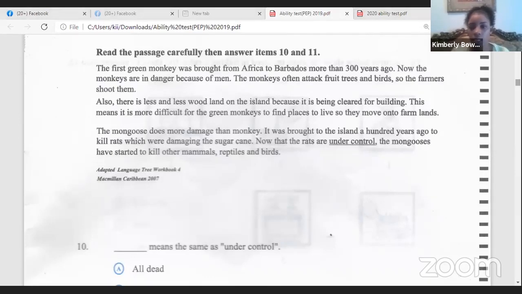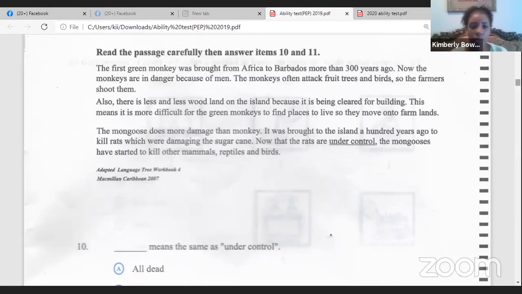So let's see what the questions look like. It started out with giving a paragraph on the origin of the monkeys and what they eat. Then it moved on to speak about the habitat damage for the green monkeys.